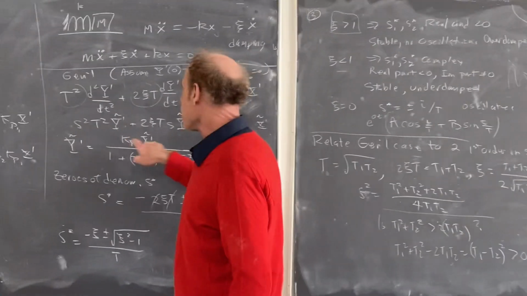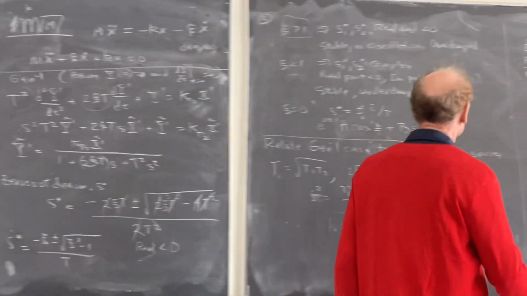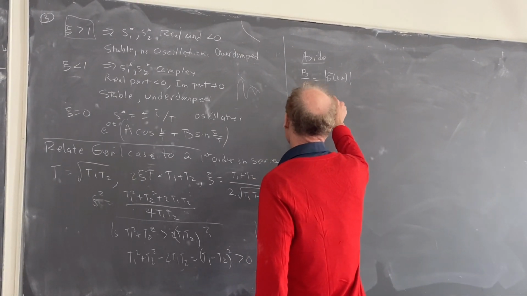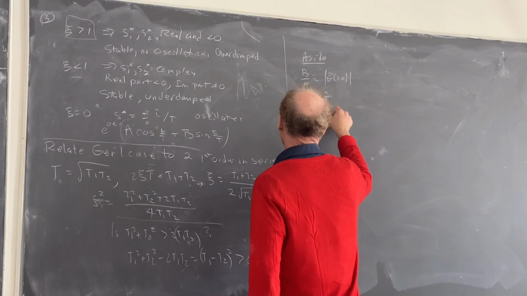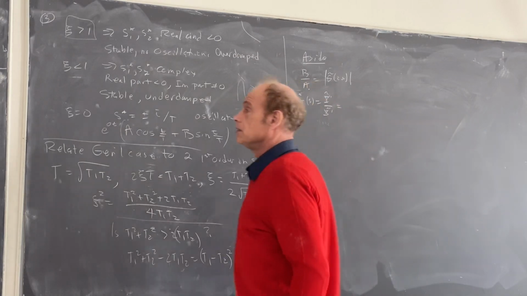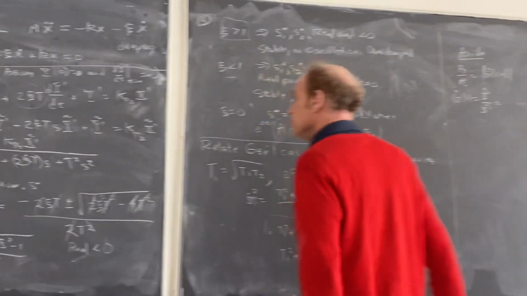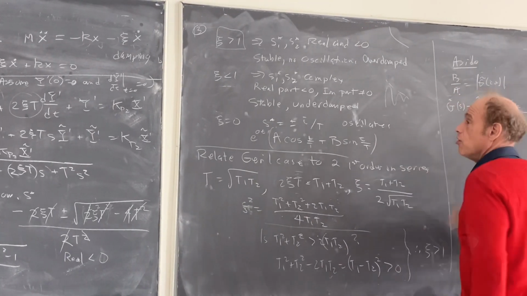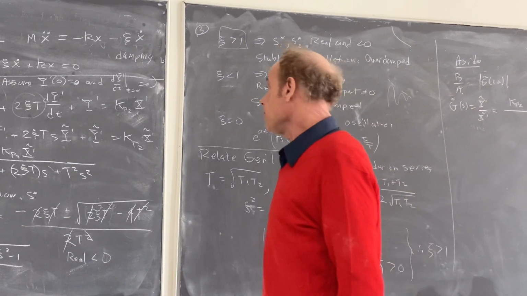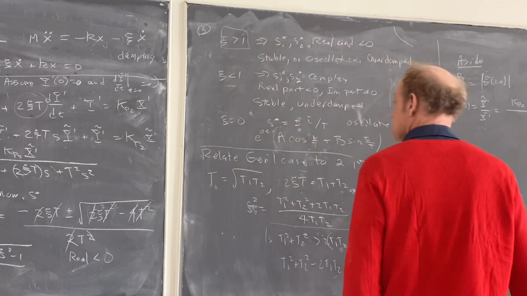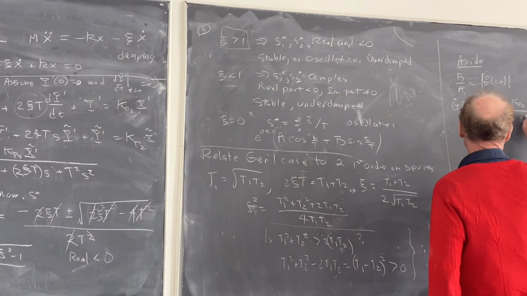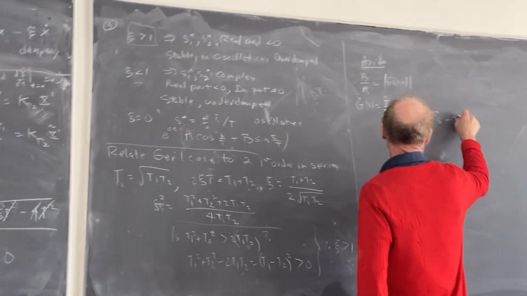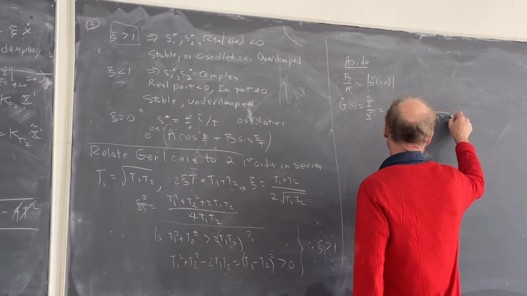G tilde is y prime over x prime. So G tilde of s, which is y prime tilde over x prime tilde, is equal to Kp2 over 1 plus 2CT s plus T squared s squared.